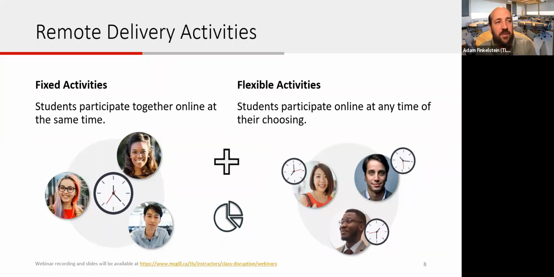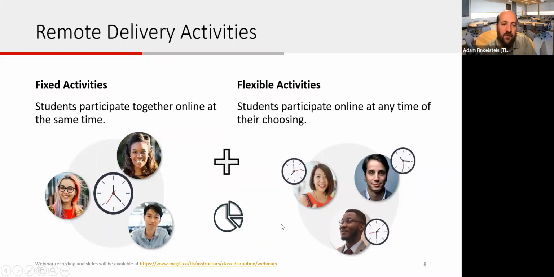You have to balance that with your own faculty policies or procedures, as well as your own decisions about what you want to do. There is no rule that you must have X amount of fixed activities and X amount of flexible. What we're suggesting is that you think about what's best for your course, what suits your context, what policies are in place with your own faculty, what procedures they're advising you to follow, and then decide how you're going to carve that up. So that's an important piece about the framework.